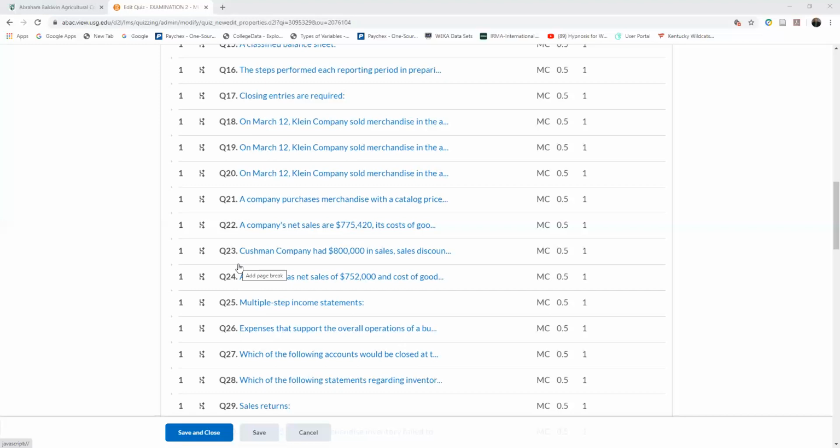Okay, so first in, first out. What does it mean? It means you have the first ones that come in and the first ones that go out. That means that from a cost perspective, in a period of rising prices, your cost of goods sold is going to be lower than LIFO. That means your gross profit is going to be higher than LIFO.